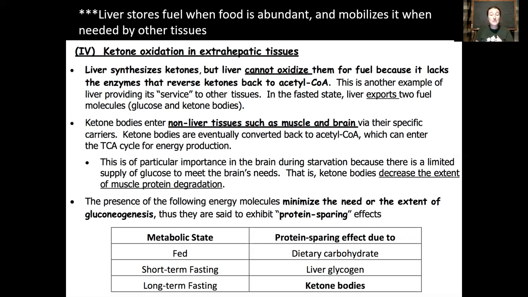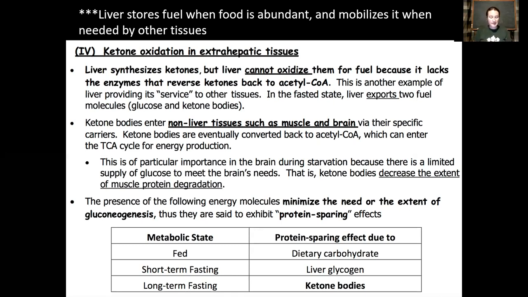But when we run out of those stores, the liver has to kick into kind of plan B, right? So essentially, the liver can start to break down other substances, such as proteins, right? It can start to break down fats and create what are called ketone bodies, right?